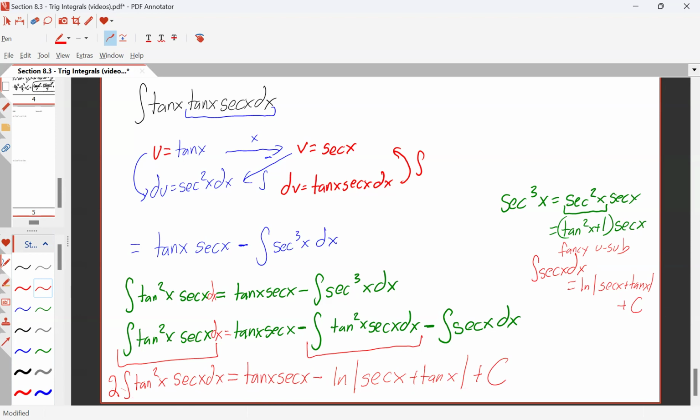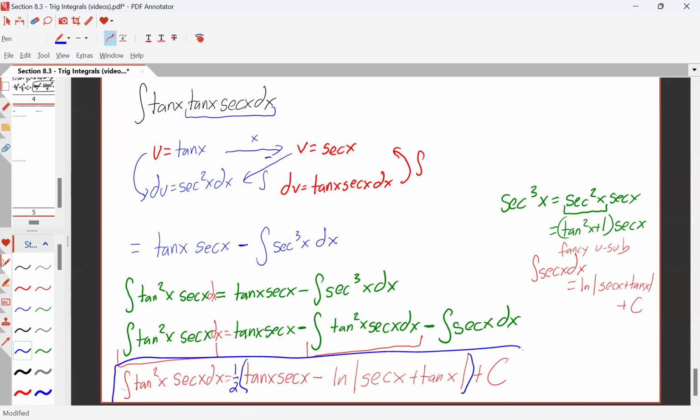So if we just divide both sides by 2, or multiply by 1/2, which is the same as dividing by 2, we get that the antiderivative of tangent squared x secant x is 1/2 times tangent x secant x minus the natural log of the absolute value of secant x plus tangent x.